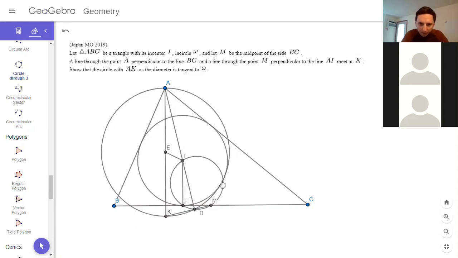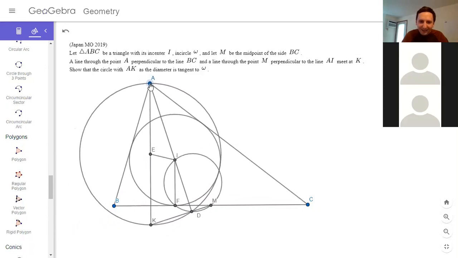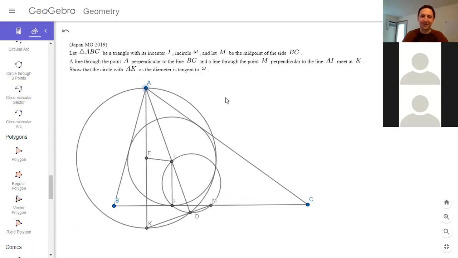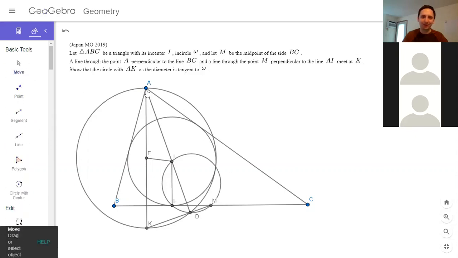I wonder if it passes through the point of tangency. It kind of looks like it, right? Yeah. This is the advantage of using GeoGebra versus being in a competition, but this sure looks like that tangency point where IFDM intersects both circles.